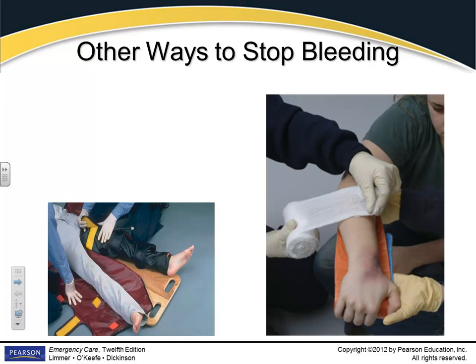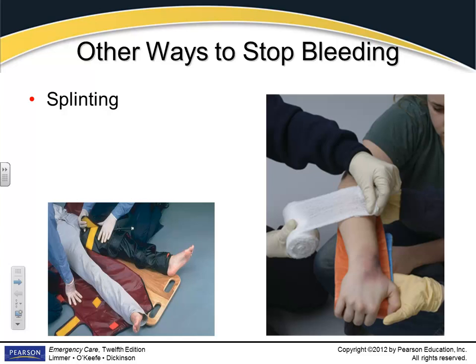Other ways to stop bleeding? Splinting. How does splinting help control bleeding? It does what? Keeps it from moving. Anything specifically besides that? Yeah, if you've got broken bone ends in there, bones bleed. They're quite vascular.